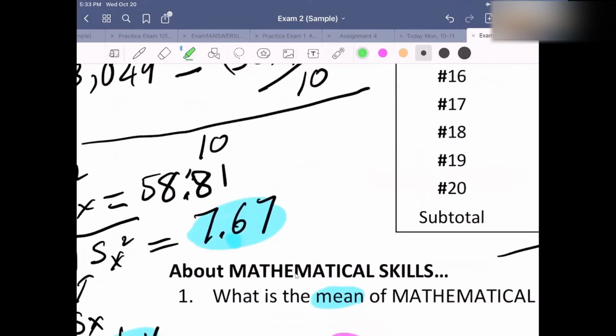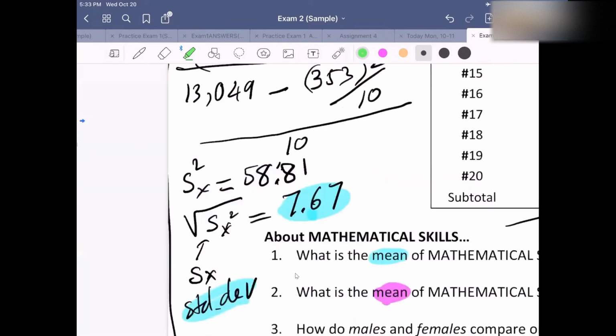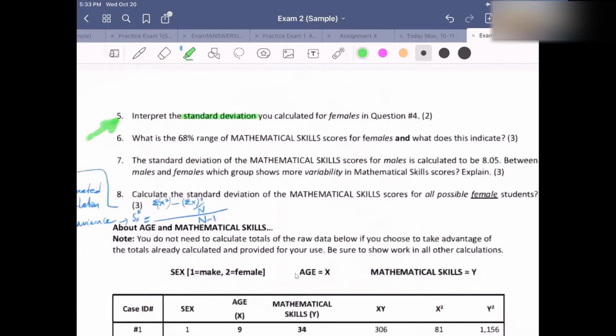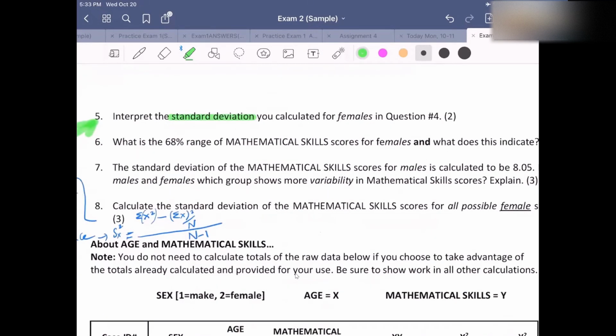It's 7.67, okay? All right, so let me know the answer in the chat. How do you interpret that result? Any ideas?